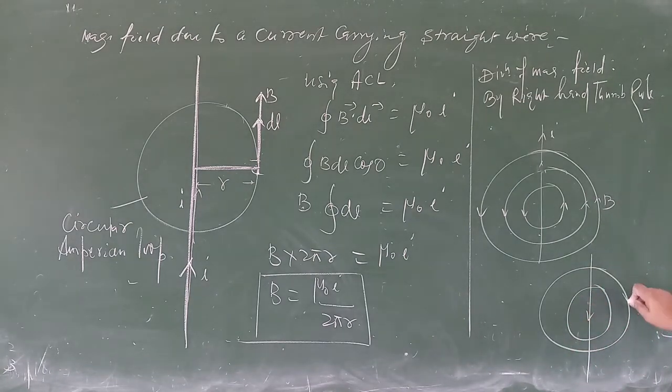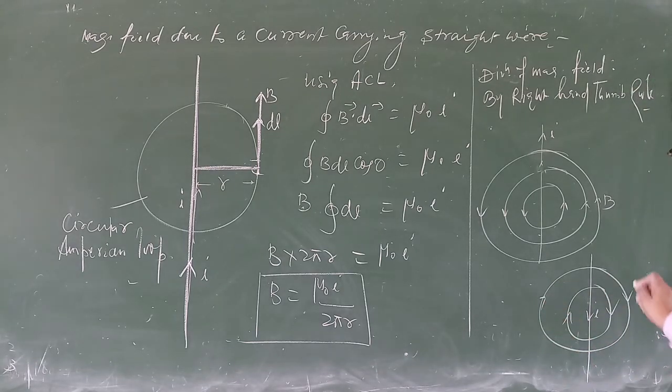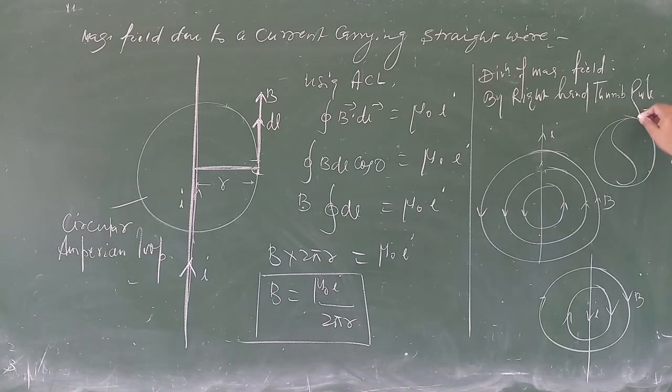So the magnetic field will be directed in this direction. I is the current and this is the magnetic field. Or you can write it like that also. This is the direction of current.